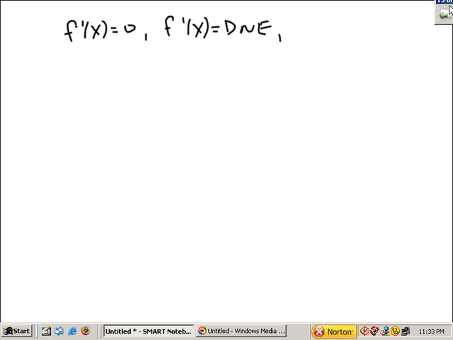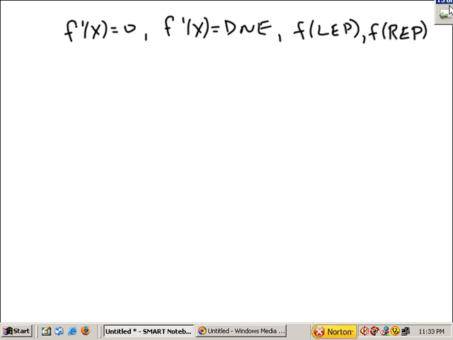And we're assuming the interval goes from A to B. You have f of the left endpoint and f of the right endpoint. Those are the only places where you can have extremes.